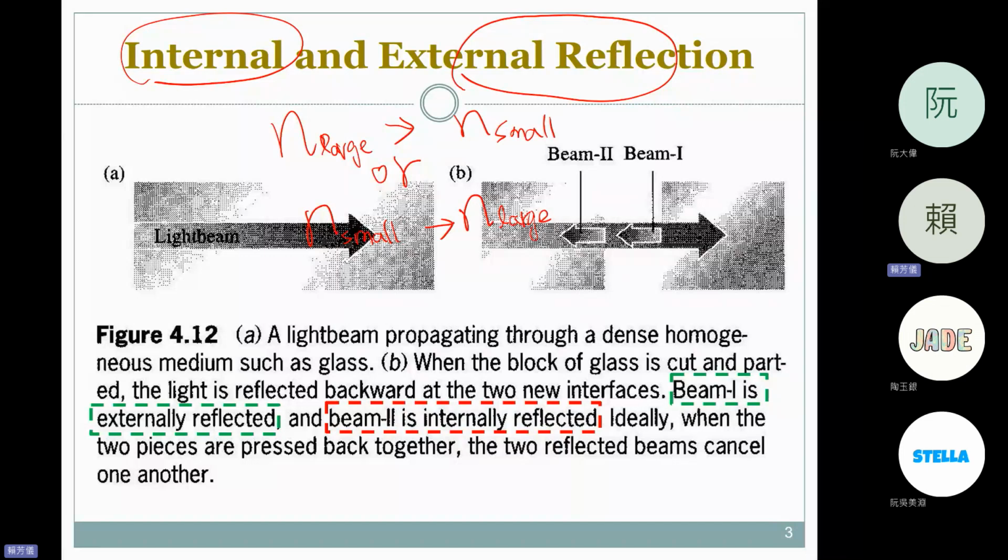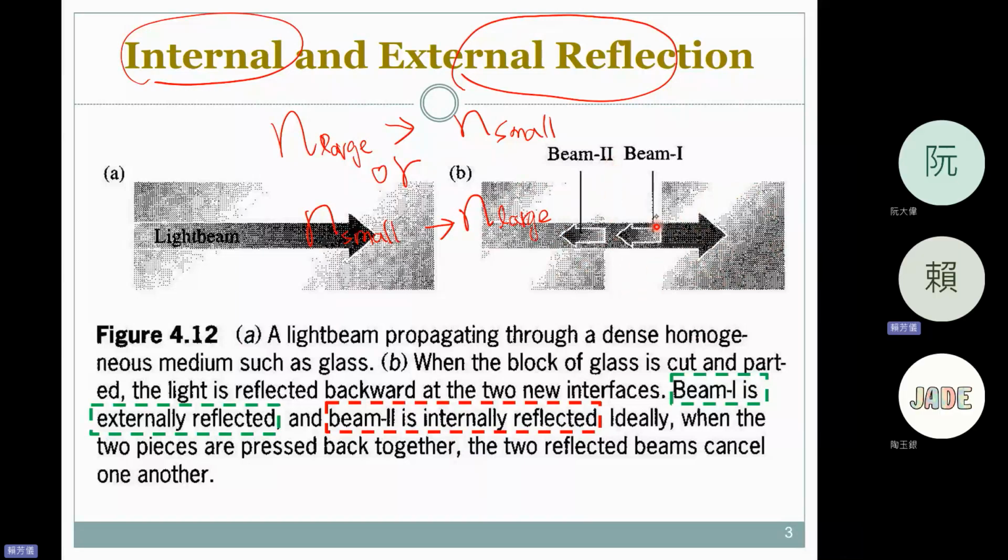Okay, such as that. You can see the figure here shows a light beam propagating through a dense homogeneous medium, such as glass. Figure B shows when the block of glass is cut and parted. So this is one glass, and this is another glass, and the middle one is the air.